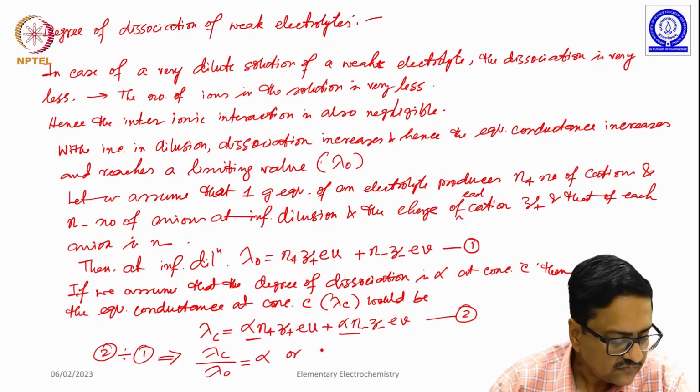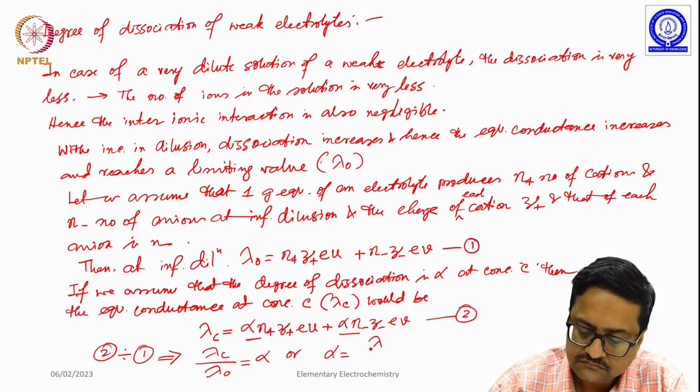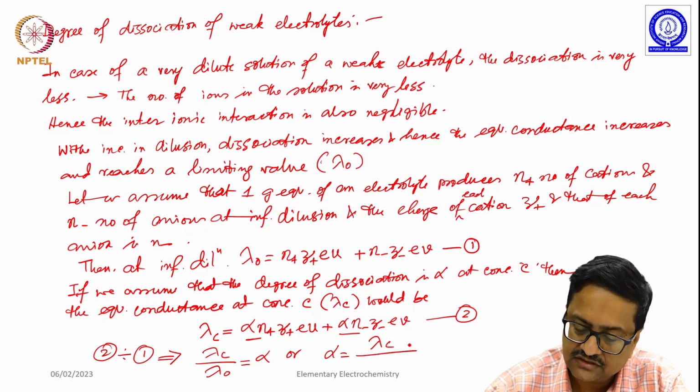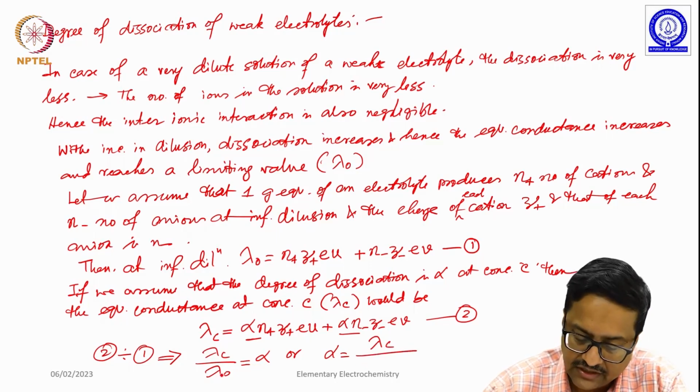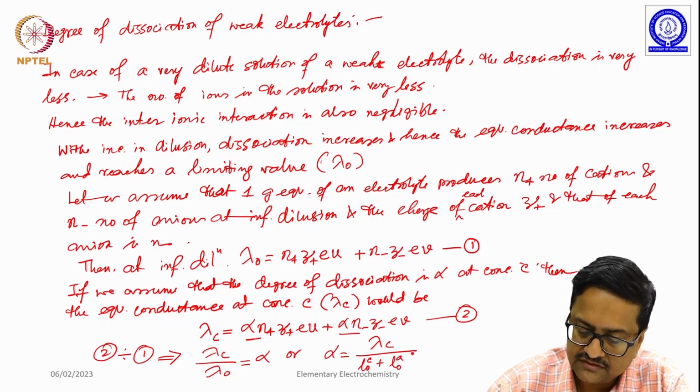Or one can simply write alpha equal to equivalent conductance at concentration C divided by lambda 0, which is nothing but L0C plus L0A.